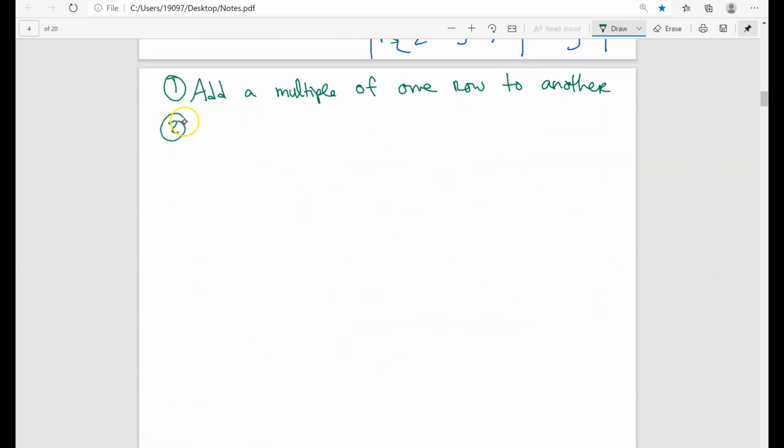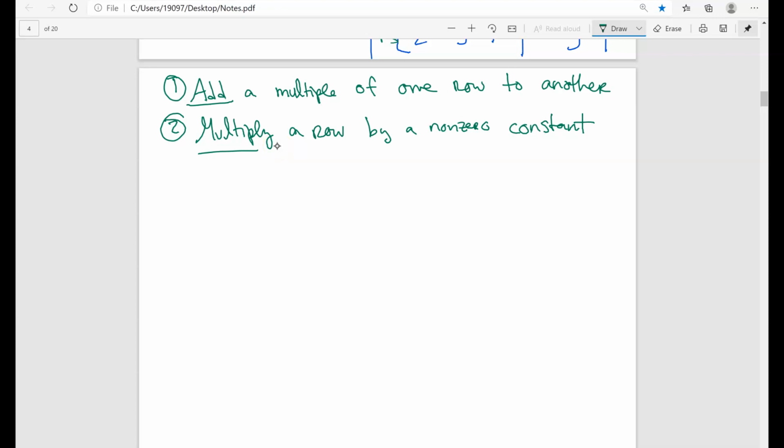Another thing that you can do, you can multiply a row, oh, I said that opposite, by a non-zero constant. So basically you can add rows together. You can multiply a row by a non-zero constant. So it's not allowed to multiply by a zero on one of the rows.